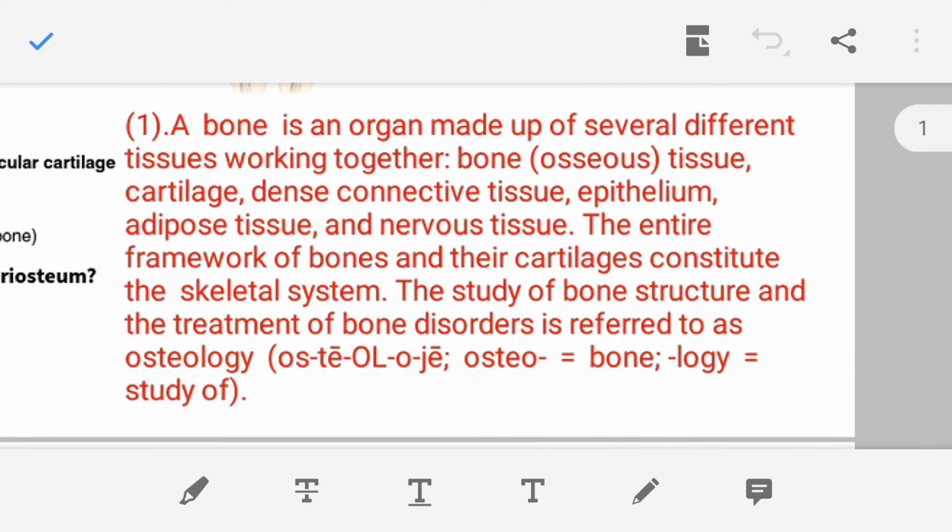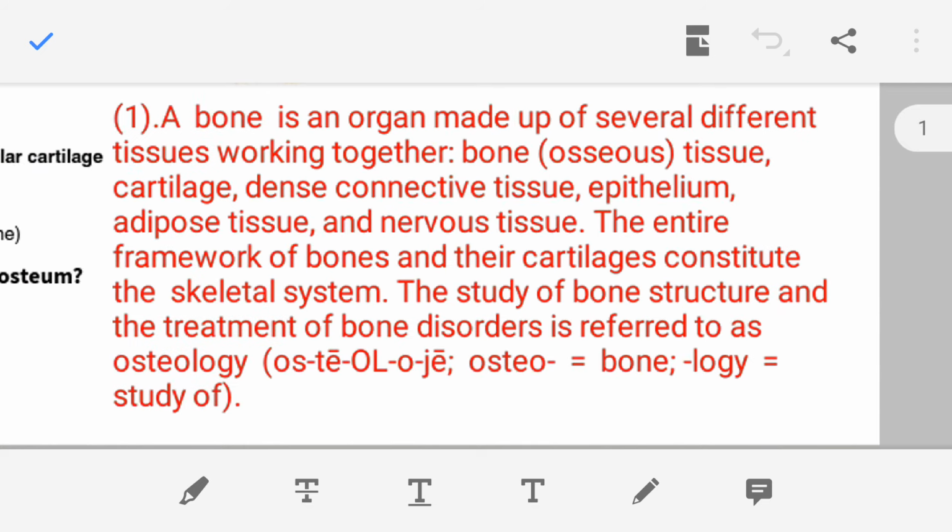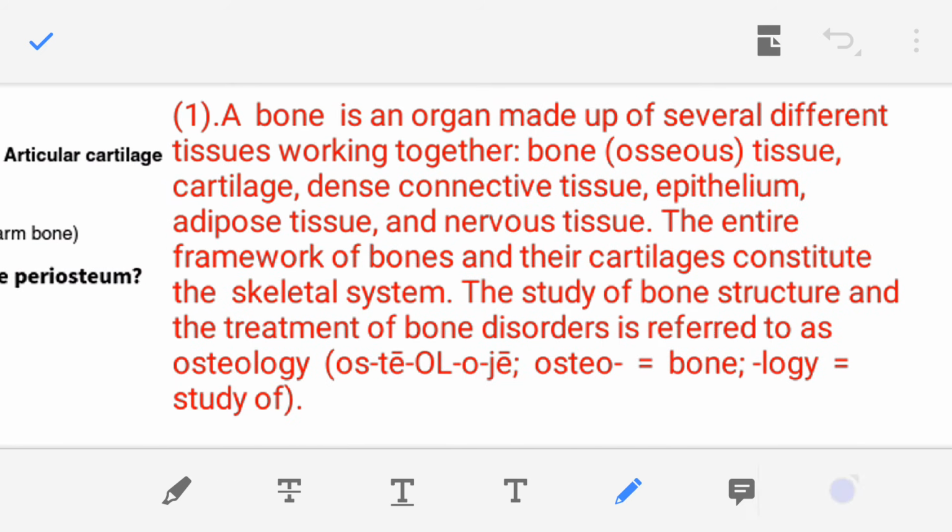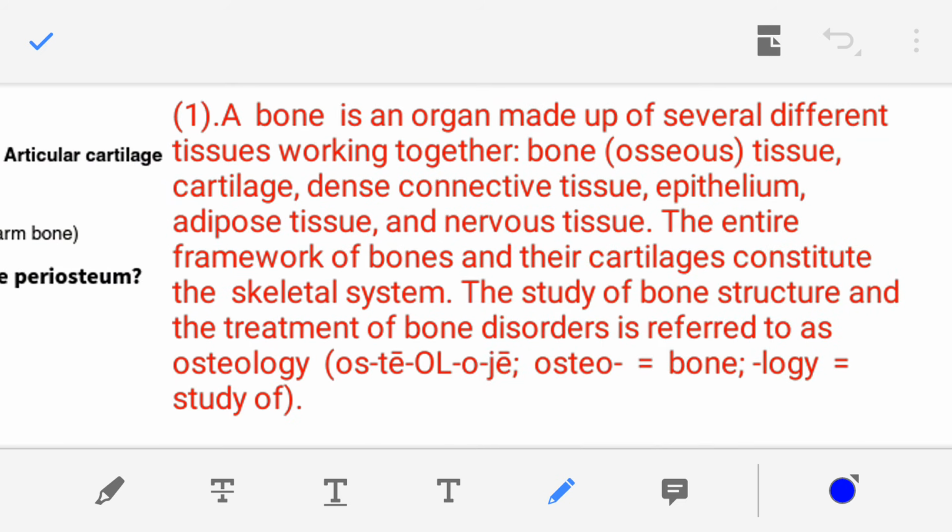Now, first of all, what is bone? What is bone made up of? So, bone is an organ, and this organ is made up of several different tissues. Several different tissues together form a bone, and all these tissues work together in the structure of bone.